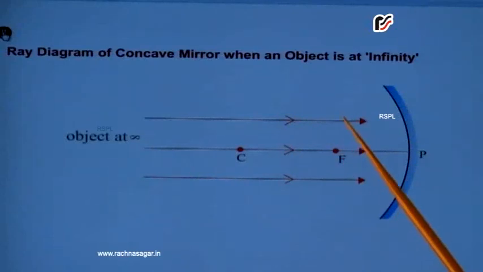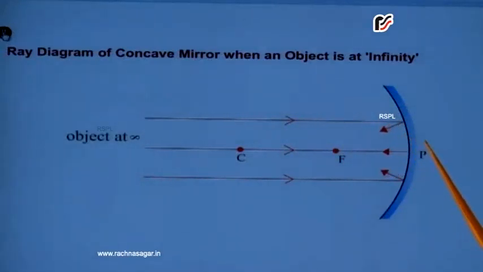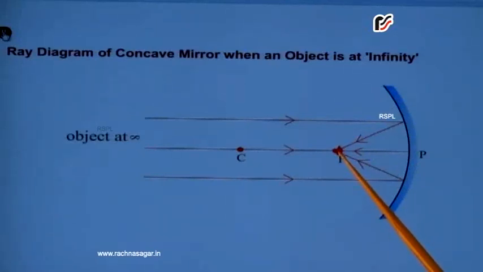A parallel beam of light comes from infinity. After reflection from the surface, they meet at the focus. It indicates the final image is formed at the focus.